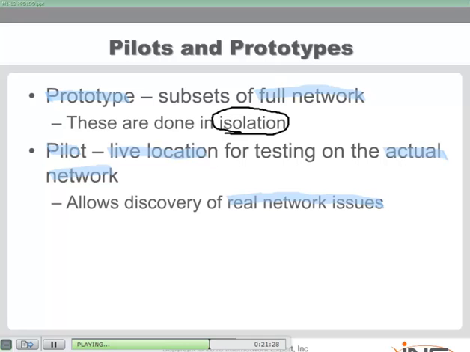I mean, if there are problems that these technologies are going to have existing in this network, yeah, those problems are going to become pretty darn apparent, because this small pilot portion of the network is existing in the actual network. So, pretty cool, pretty powerful, the ability to have this prototype of the network and/or a pilot of the network.